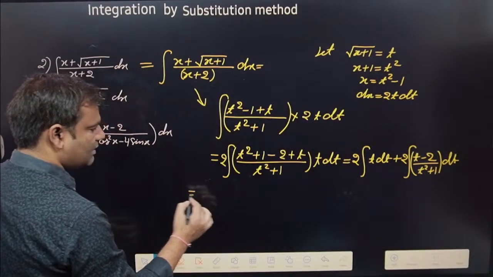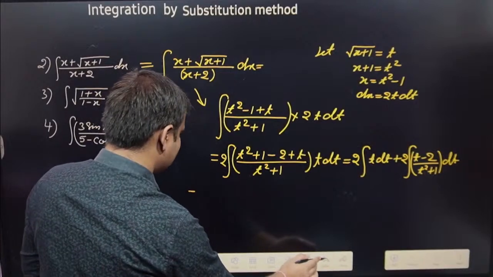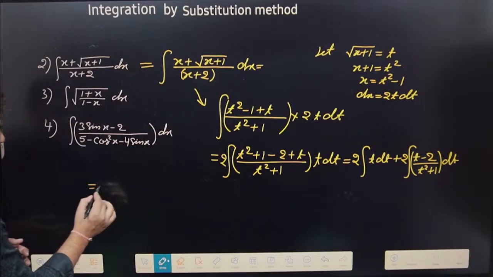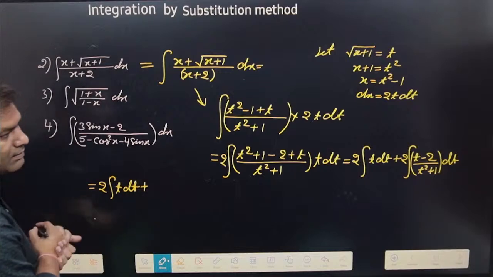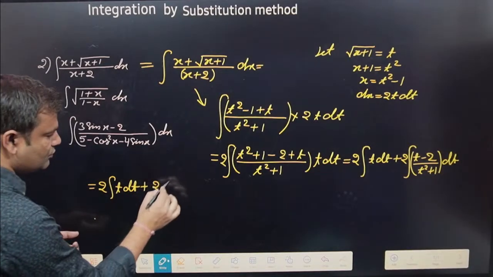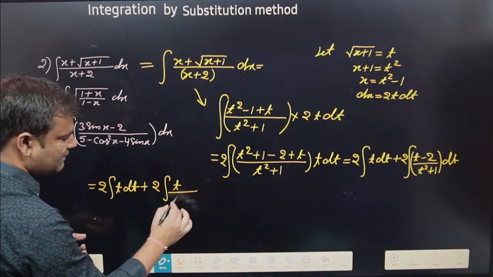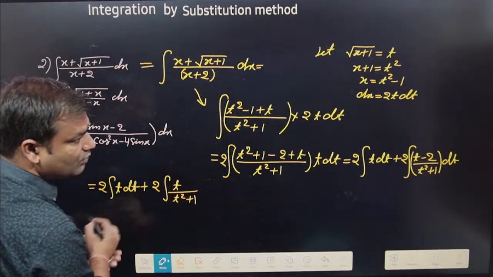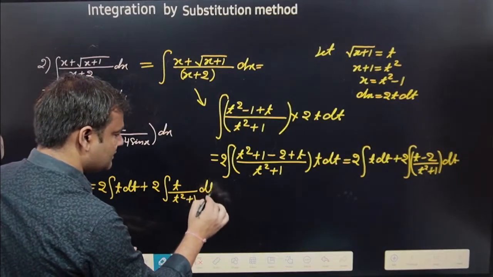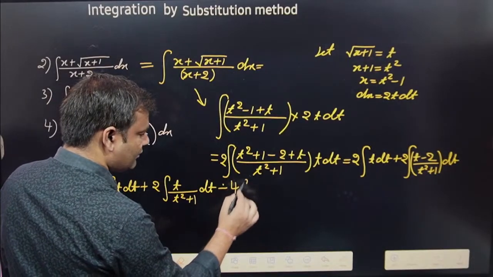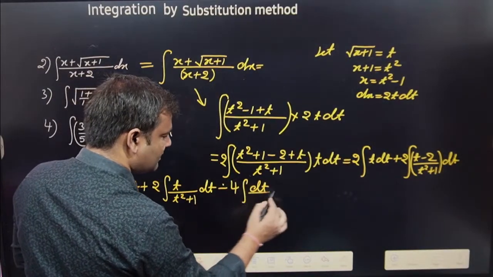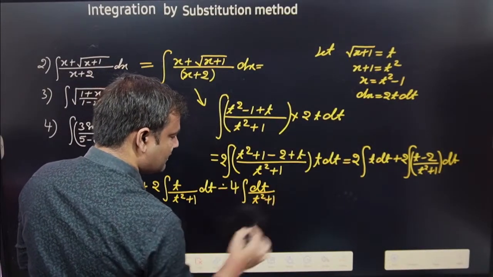Now after that, 2t dt plus 2t divided by t square plus 1 into dt, minus 2 times 2, so 4 dt divided by t square plus 1.